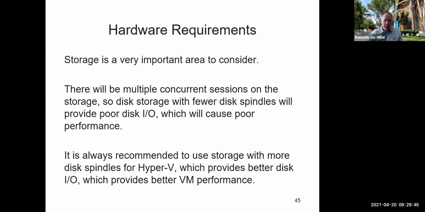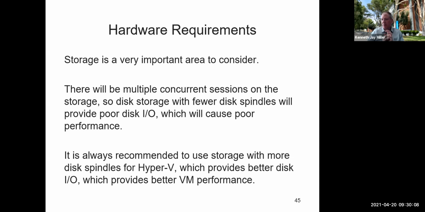Now, there's going to be multiple concurrent sessions on the storage. So disk storage with fewer disk spindles will provide poor input output. So in our systems, again, I said this is not best practices. This is practical. This is how we are going to do it just because we're testing.